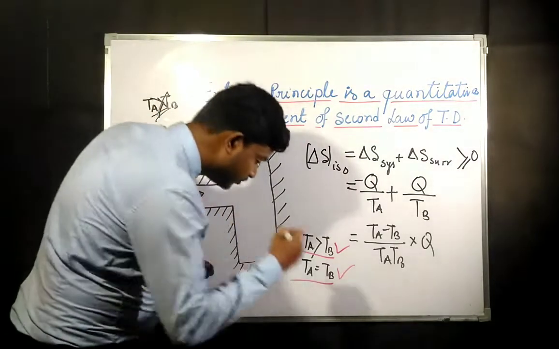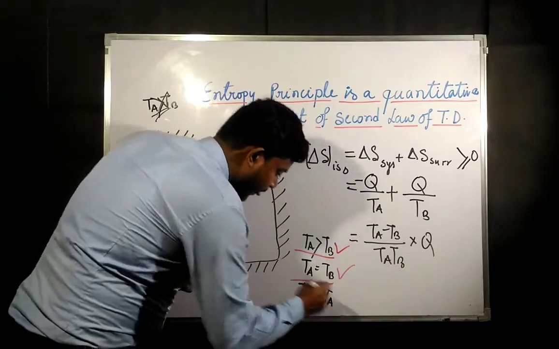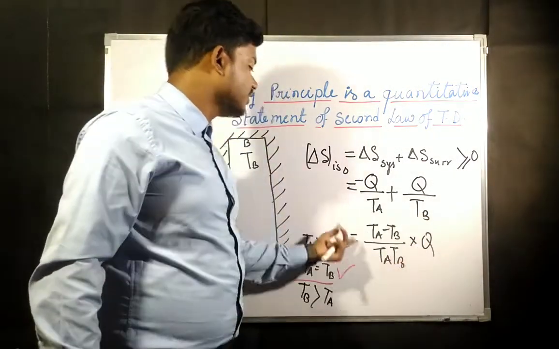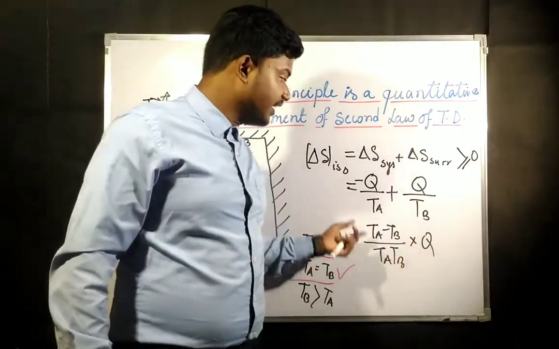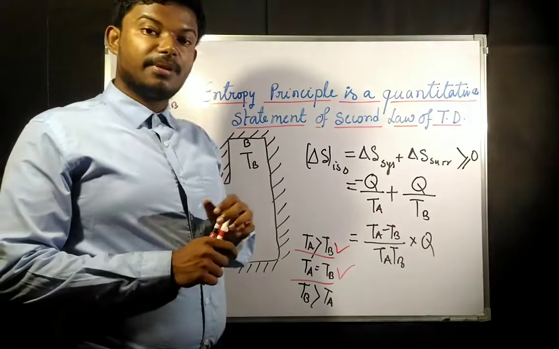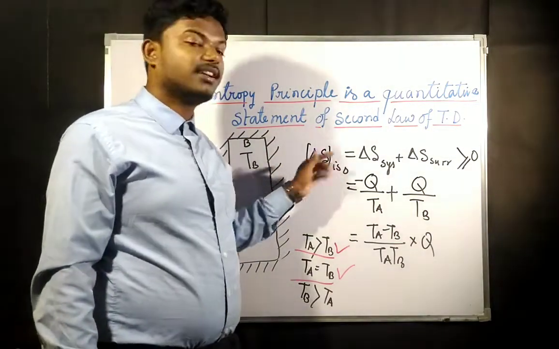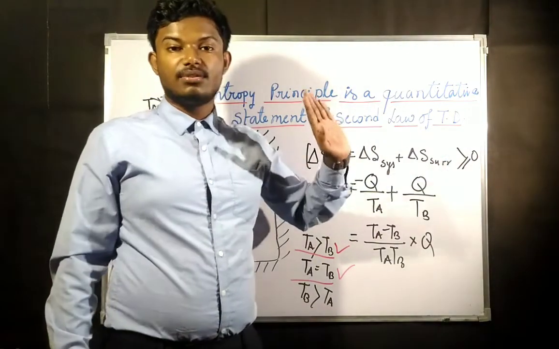But now if you take Tb greater than Ta, then this thing is going to be negative. But according to our entropy principle, for an isolated system the entropy change is greater than or equal to 0.